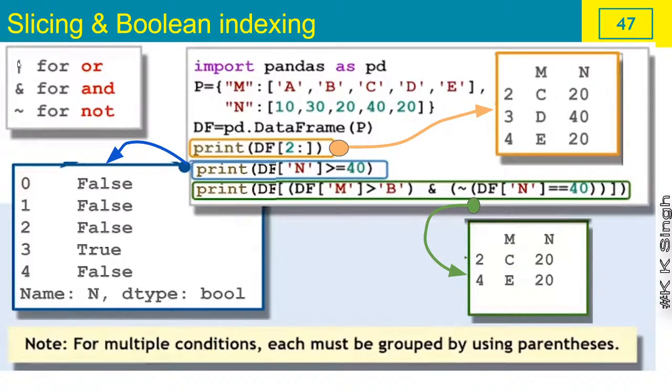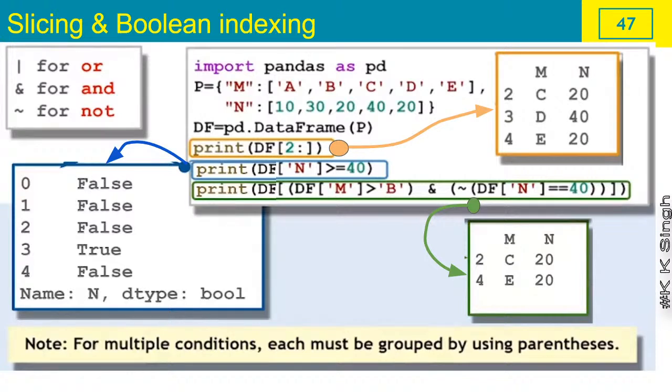This vertical bar is actually the pipe symbol, which is above the enter key, you will find it there. Then ampersand is meant for and, and this is tilde for not. So these operators can also be included while producing the Boolean indexing.